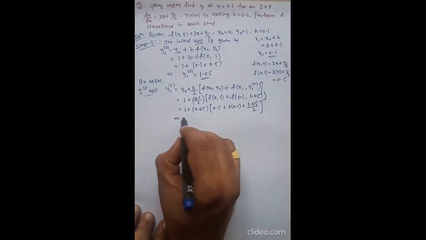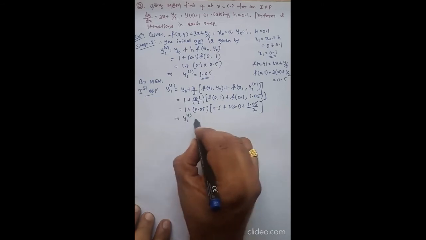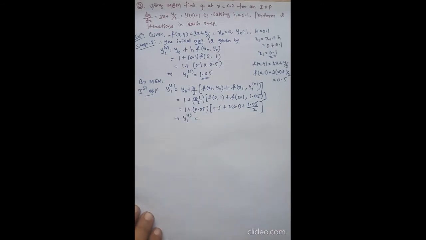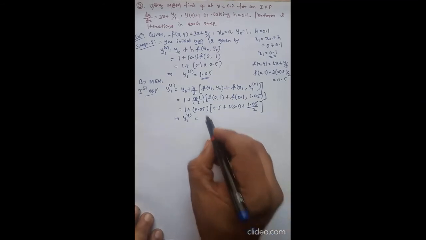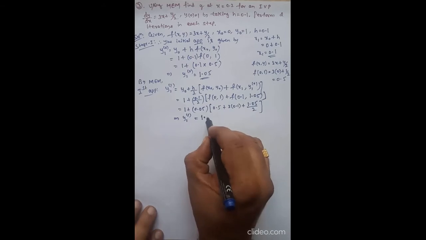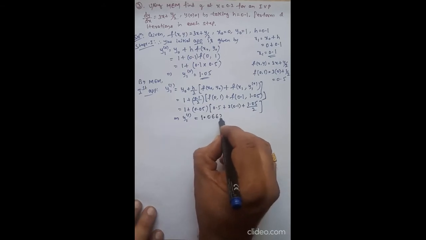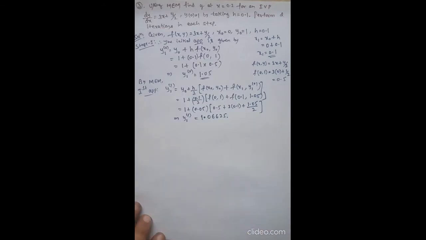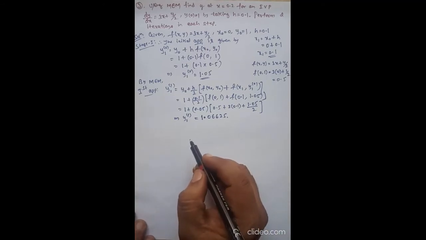So calculate this using your calculators. We get the value of first approximation. So the first approximation for this problem is 1.06625. Right? So this is the first approximation.